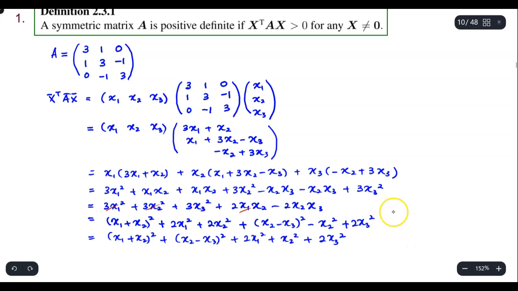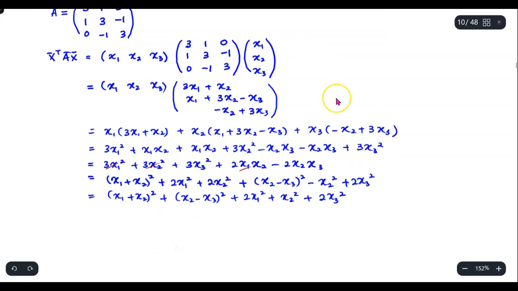Now you can see this expression is always positive, regardless of the value of x1, x2, and x3. So x transpose times A times x is always positive. Therefore we can say that the matrix A is an SPD matrix, a symmetric positive definite matrix. That's how you prove it by using the definition.